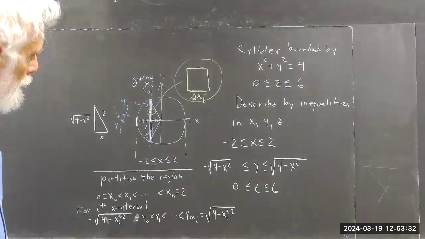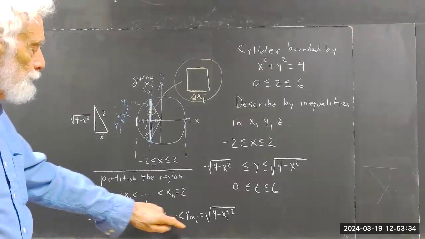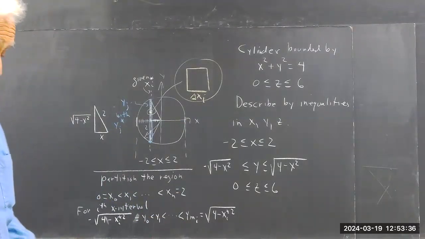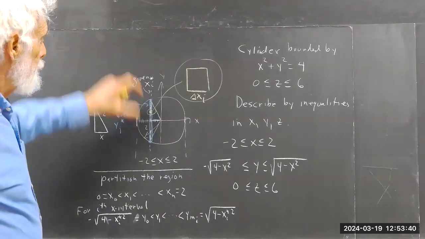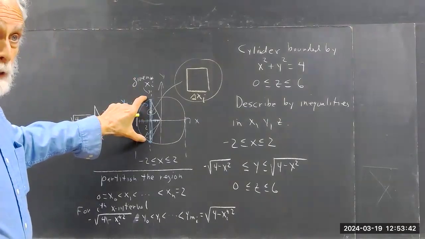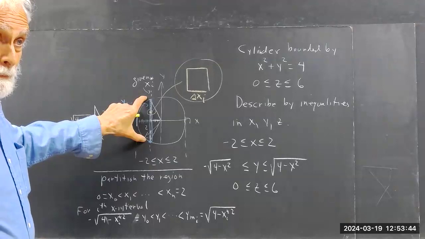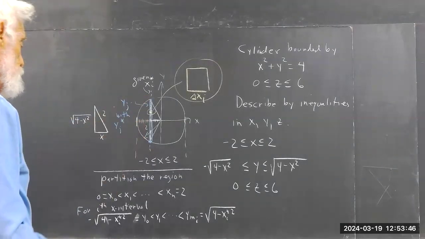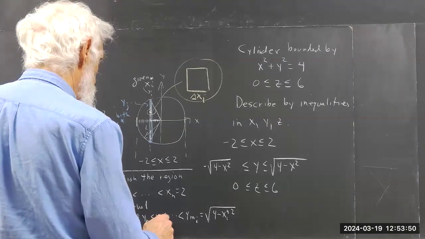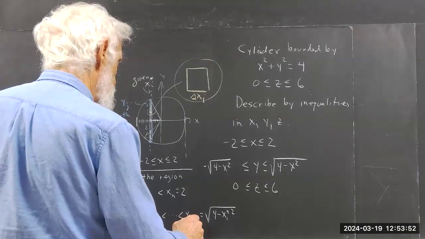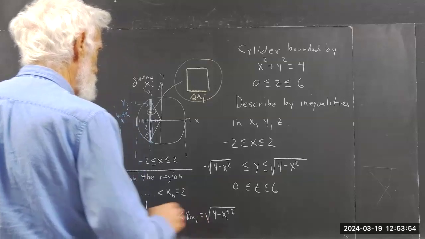Now, actually, I don't have enough subscripts on my y's, because for every i, you're going to have one of these y partitions, aren't you? So really I need to have yi0, yi1, up to yi m sub i.